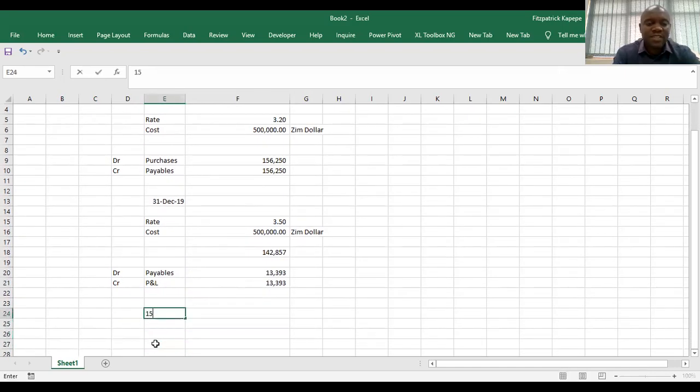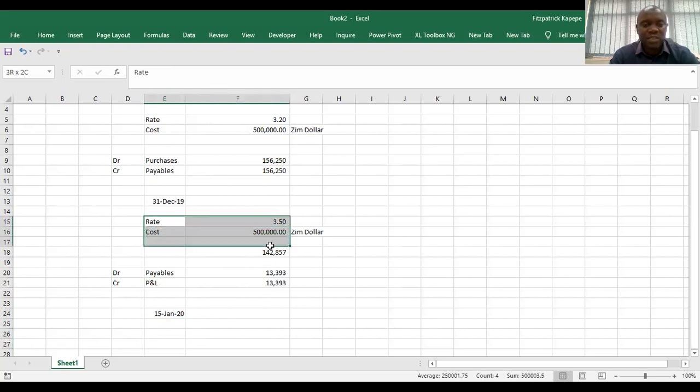Now, on 15th January 2020, we are actually going to pay the cash. What are we told? Matakala paid for the goods on 15th January 2020. So paid, not receiving.